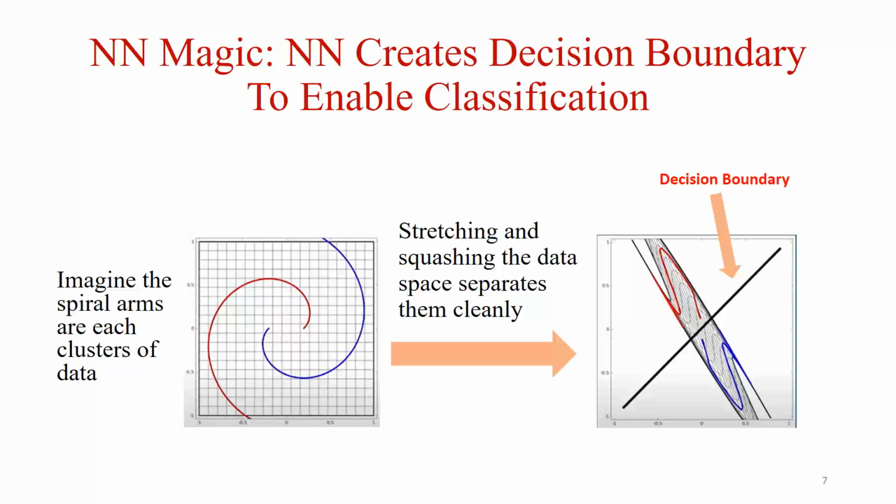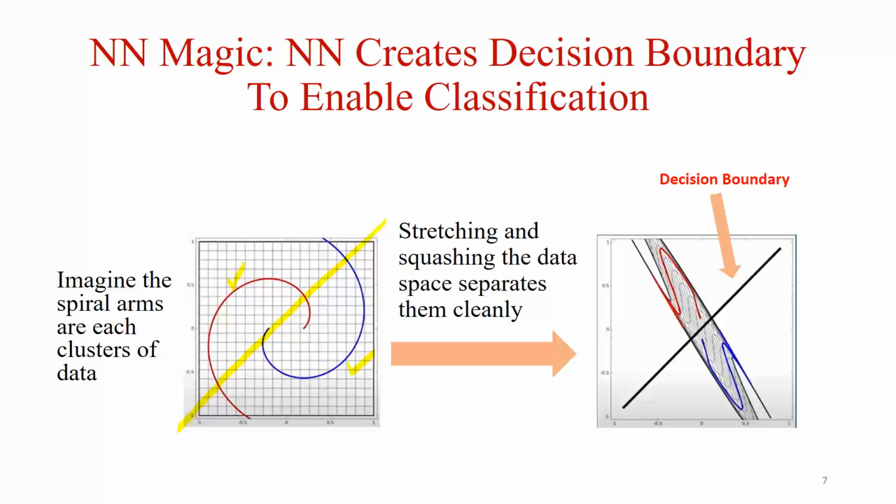If you try to draw a line here, it is very difficult, because our objective is to separate the red data from the blue data so that we can predict which is red and which is blue.